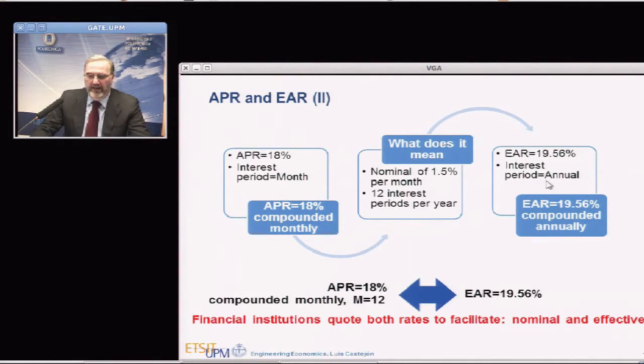So if you calculate the final annual rate you are paying, the real one, which is the effective annual rate, it's 19.56%. This is annual, and this is compounded annually. So those interest rates are equivalent. The annual percentage rate of 18% compounded monthly is equal to an effective annual rate of 19.56%. Financial institutions usually quote both rates, the nominal and the effective one, to help customers.